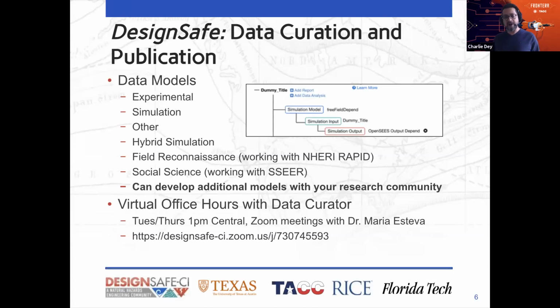If you have any questions on how to curate your model, we have a data curator on site in Dr. Maria Esteva. She's a great person to work with. She has open office hours on Tuesdays and Thursdays at 1 p.m. You can go ahead and check DesignSafe site for the link directly, but there's a link listed.